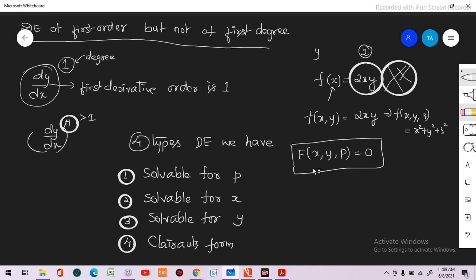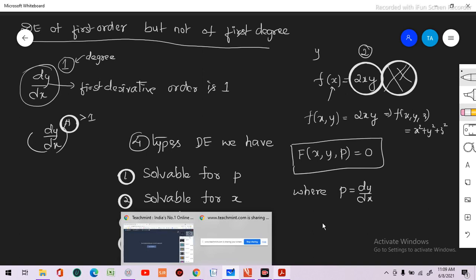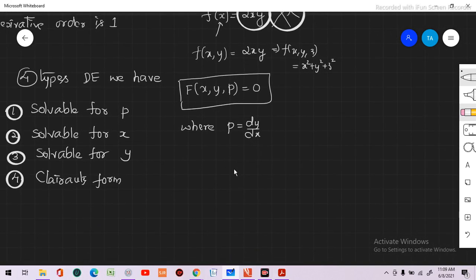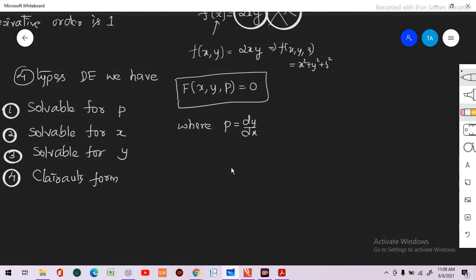Here also we have three variables, where this p we will replace by dy by dx. x as it is, y as it is, p will be dy by dx. Is that of order 1? Yes. Just know this point: f of x, y, p is equal to 0, where p is dy by dx.